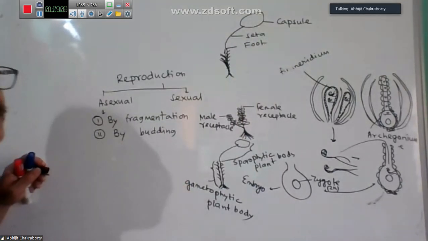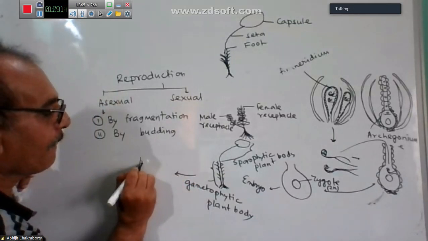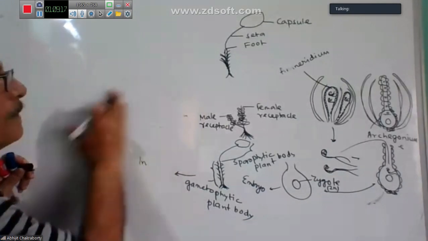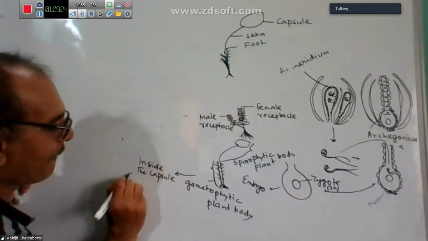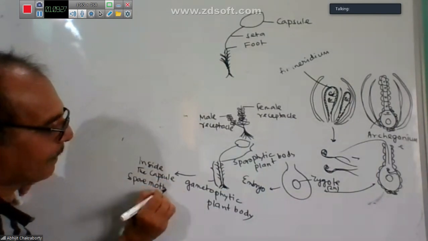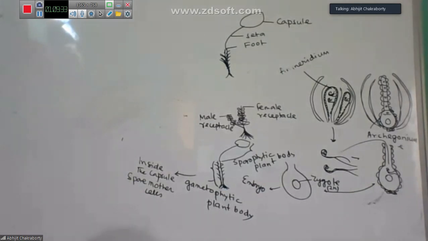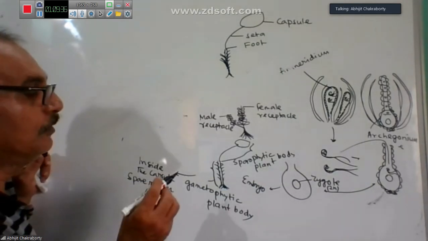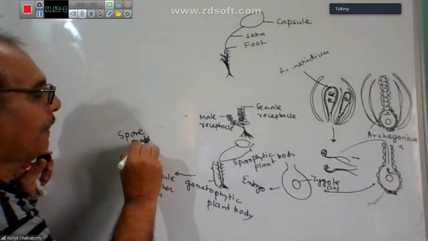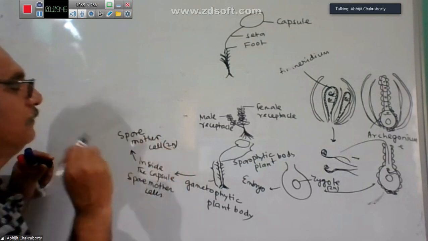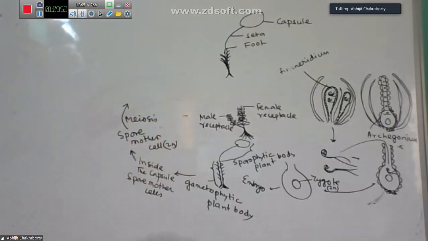Then inside the capsule, spore mother cells are formed. So these spore mother cells, diploid, undergo meiosis again to form the spores, initially in tetrad stage.